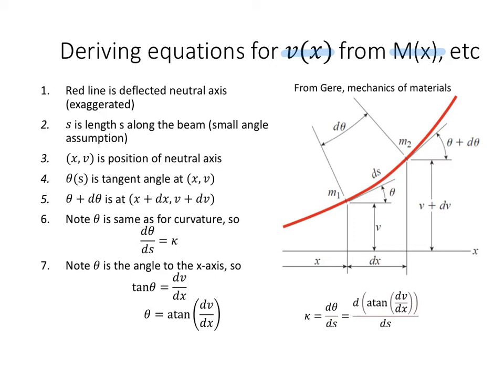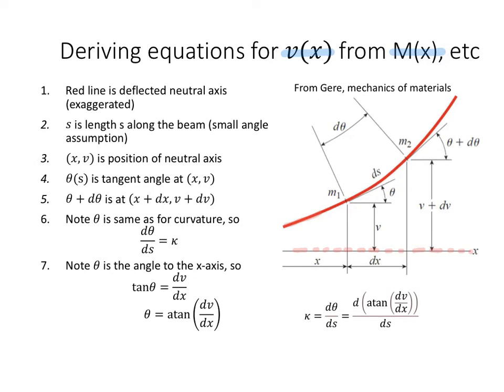So in this picture, the red line is the neutral axis, and this is an exaggerated picture of the deflection of a beam. We can also see this position along here, that's the original x-axis that I've put there in pink. And so the deflection at the position x is along there. As we go along the red line, the position s tells us the position along the curvature of the beam, so not in a straight line, but along this curved line.